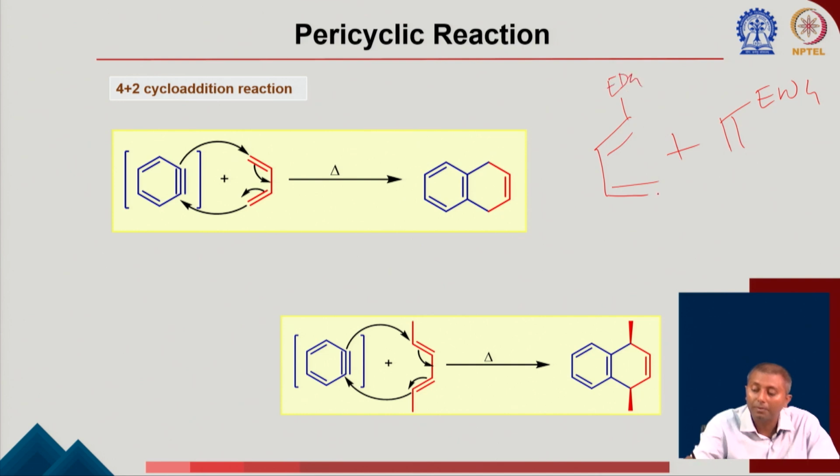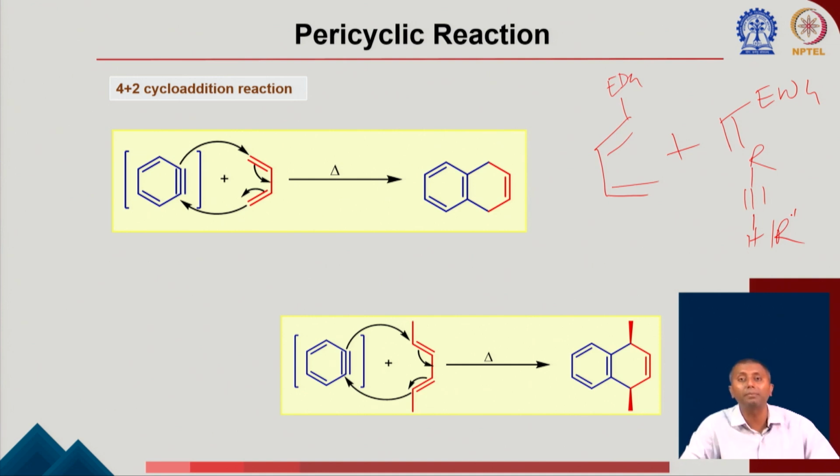We also talked about how this cannot always be a double bond; there can also be a triple bond. The substituents could be H, R or R dash. Again, we already talked about this type of reaction in the pericyclic course.